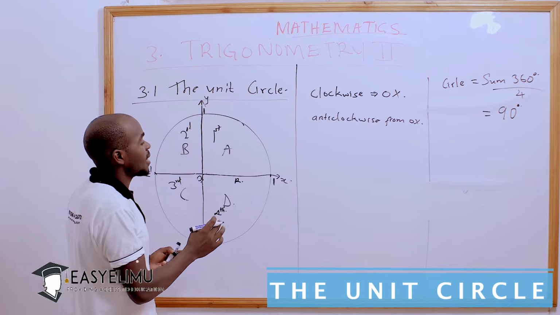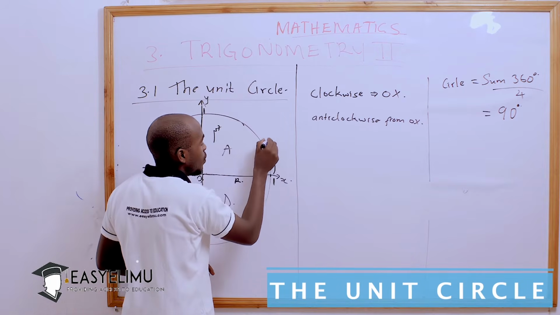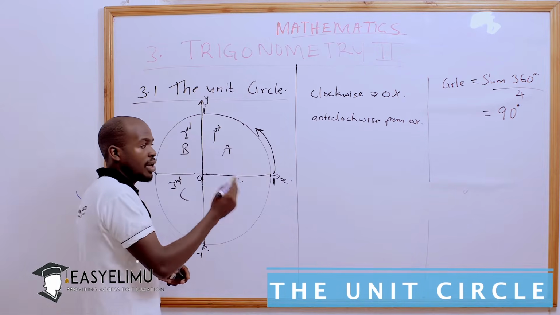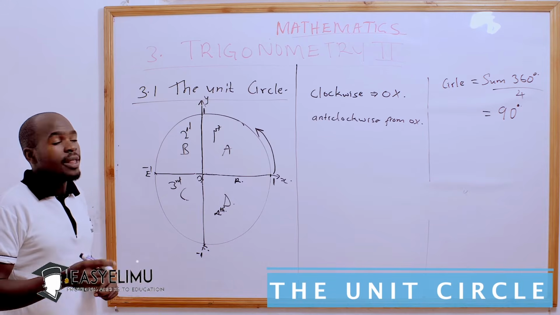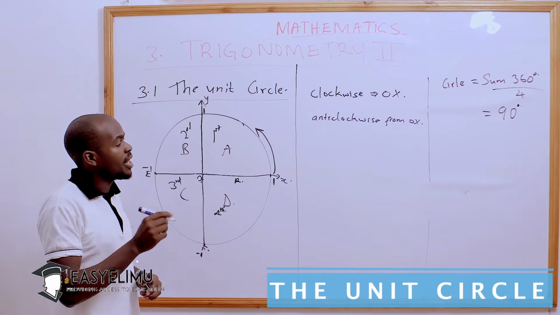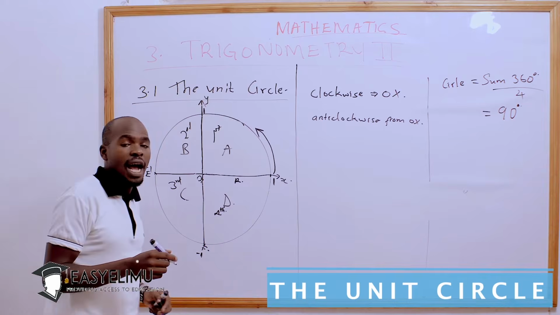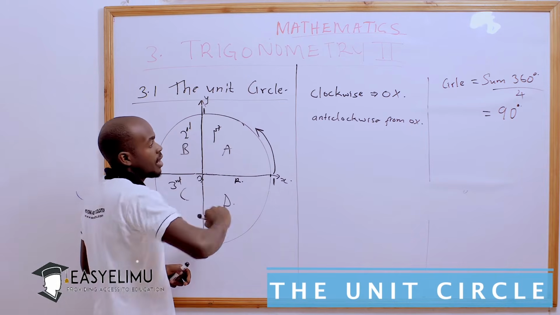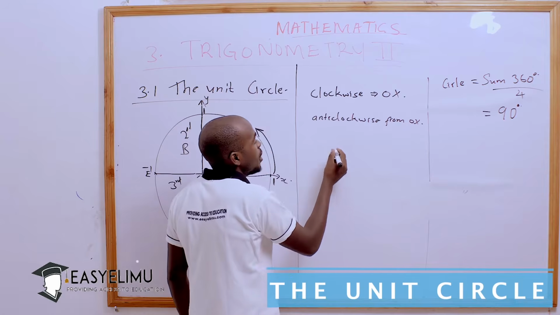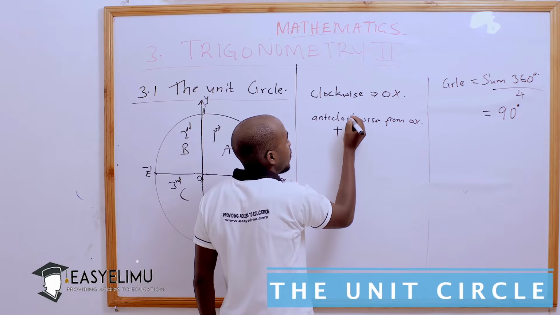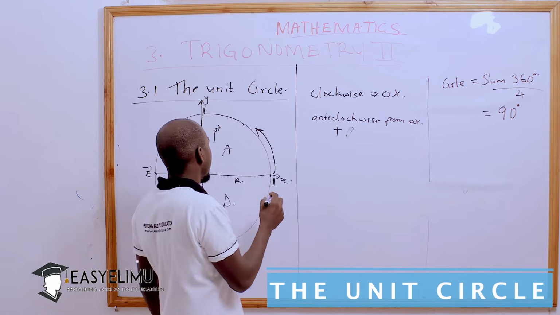So if you measure that angle in anti-clockwise direction, moving to the west side, as I have shown you this way, the angle will be regarded as positive.